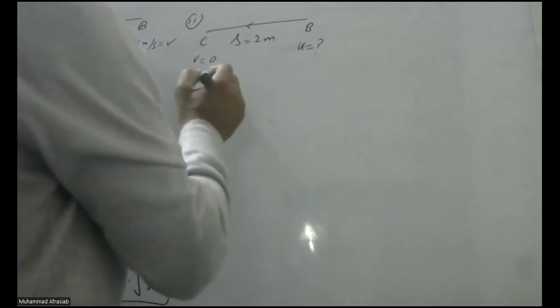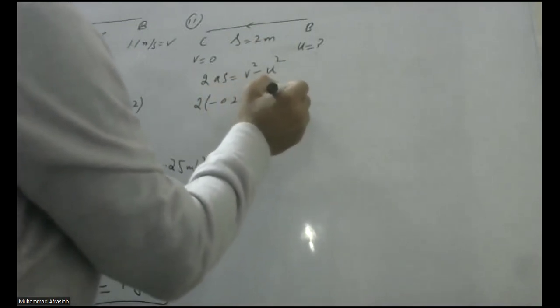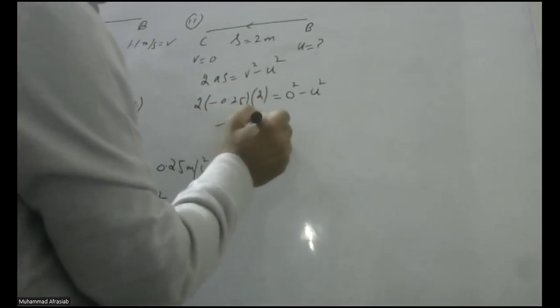We can use the equation 2as is equal to v squared minus u squared. Acceleration is minus 0.25, the distance is 2, v is 0. So 2 times minus 0.25 times 2 is minus 1, equal to minus u squared, or u squared is equal to 1, or u is equal to plus or minus 1.